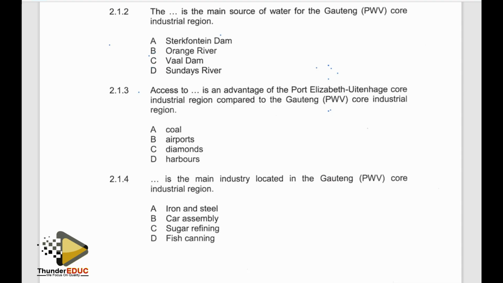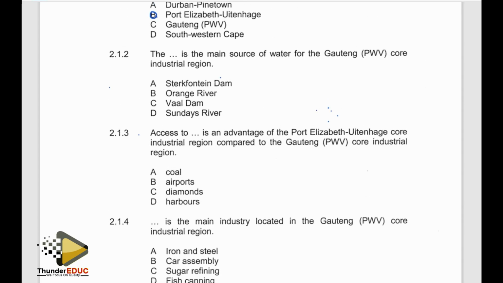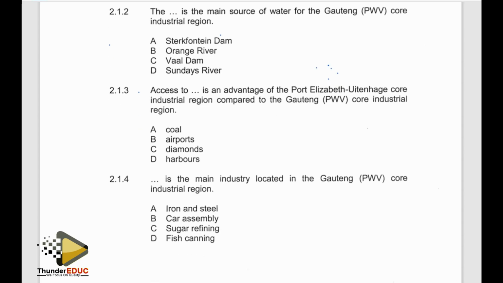Then 2.1.3. It says access to dash is an advantage of Port Elizabeth Uitenhage core industrial region compared to the Gauteng PVW core industrial region. What is the advantage in terms of access that is enjoyed by the PE Uitenhage industrial region compared to Gauteng? The correct response there is harbors.